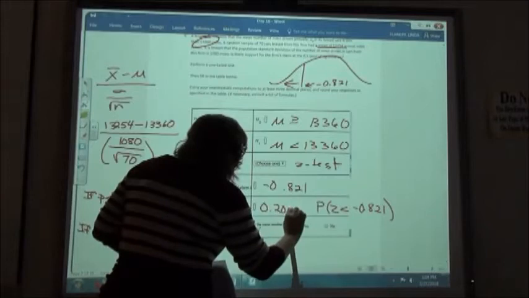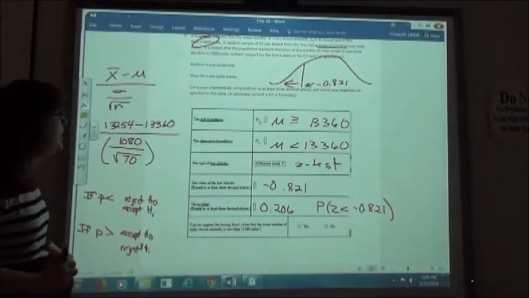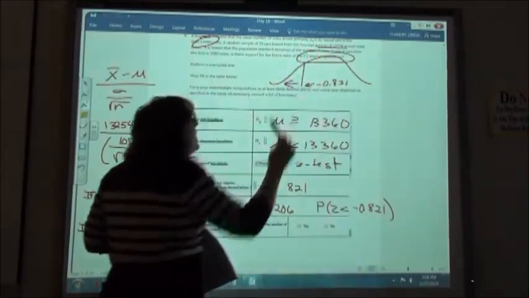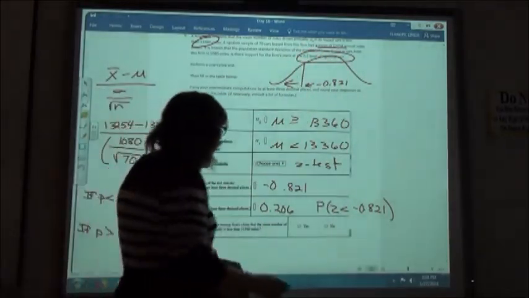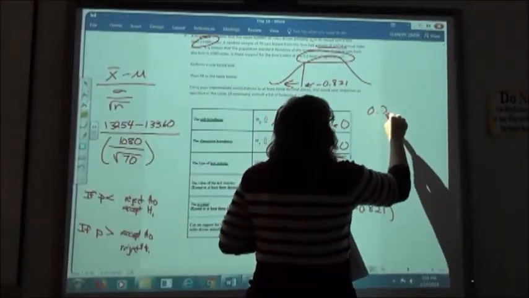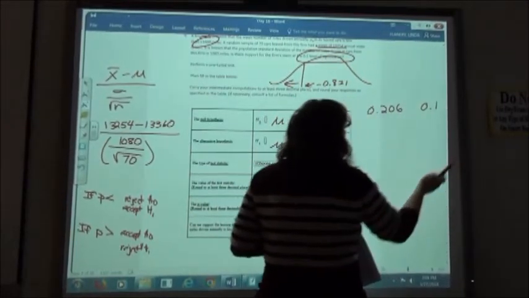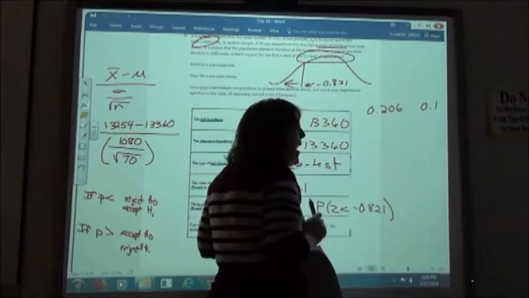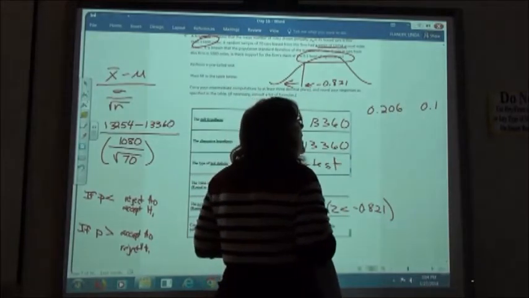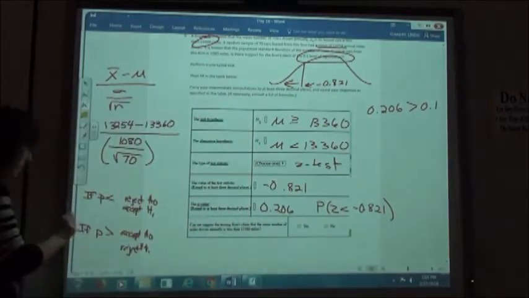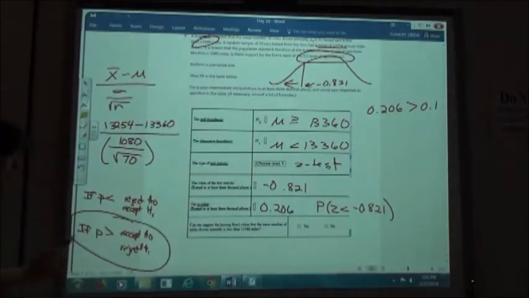3. 6. Okay. So what we're going to compare that to is the significance level that it says up here. So if I have 0.206 and I'm comparing it to 0.1, is this greater than or less than that? Greater. It's greater. Since that's a greater, we are going to do this one down here.